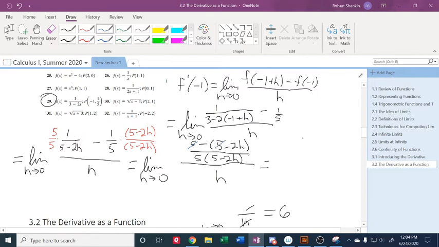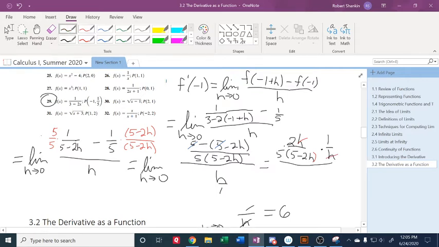There'll be a double negative over here, so this will become 2h over 5 minus 2h. But instead of dividing by h, I'm going to multiply by the reciprocal, 1 over h. And then these two will cancel out.